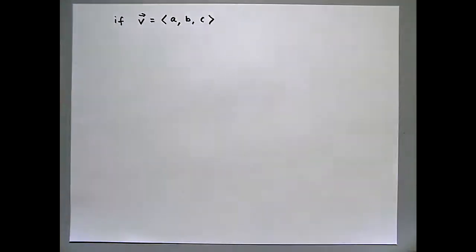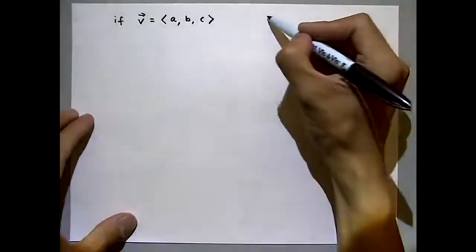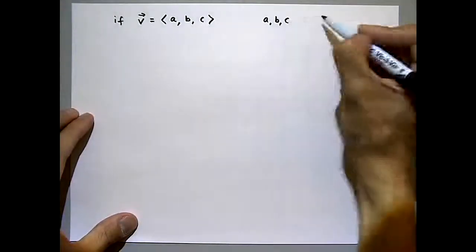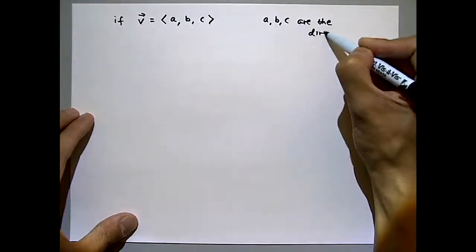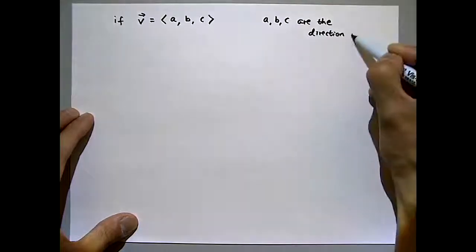So now suppose we know that the direction of that line is given by a vector A, B, C, whatever A, B, C are. And these, by the way, are called the direction numbers.